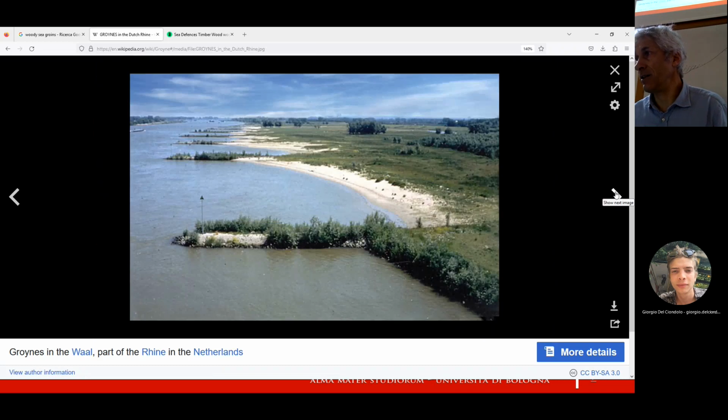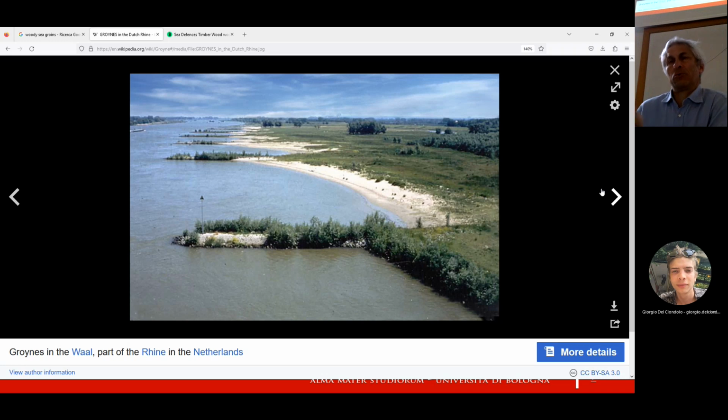And this is again a river. And here, what is interesting is to look at the effect. You see that between the groins, the beach takes a moon shape. It's moon-shaped, and you can clearly recognize what is downdrift and what is updrift.